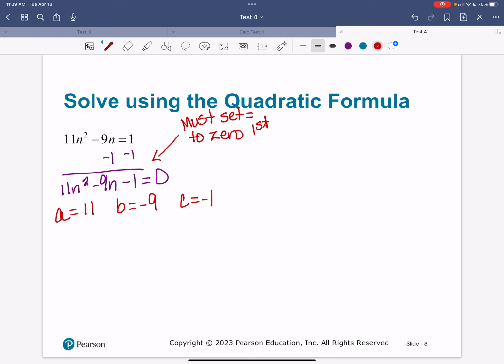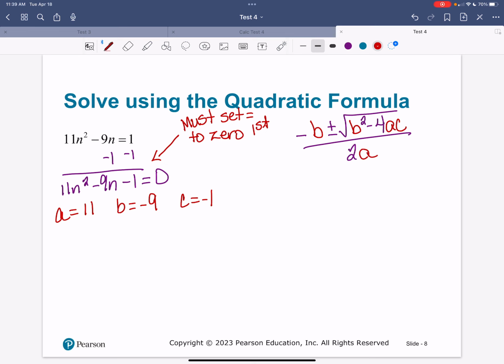Students often make mistakes when my B value is negative. So let's see. I've got negative B plus or minus the square root of B squared minus 4AC over 2A.